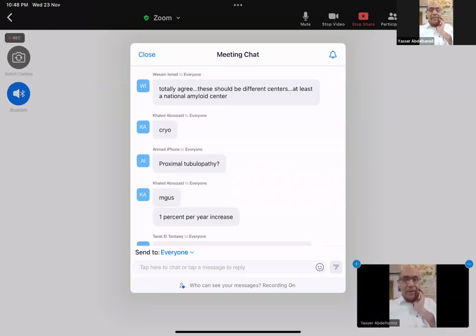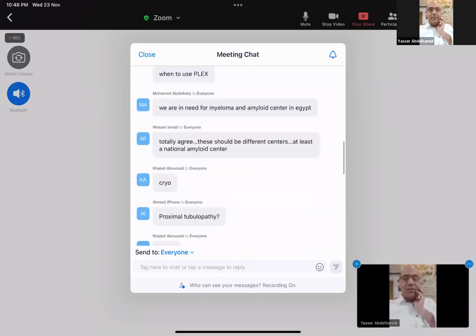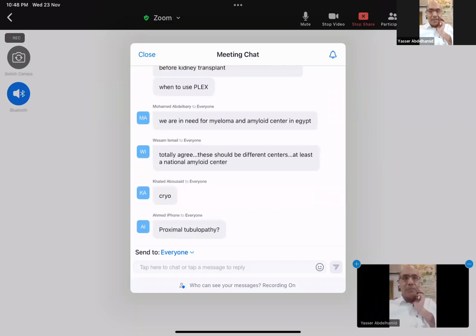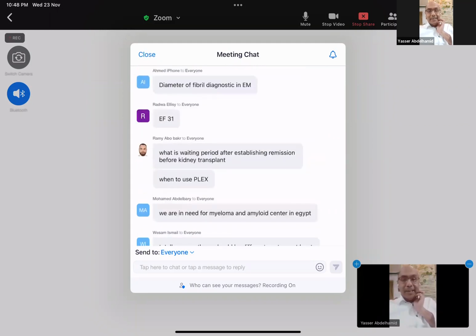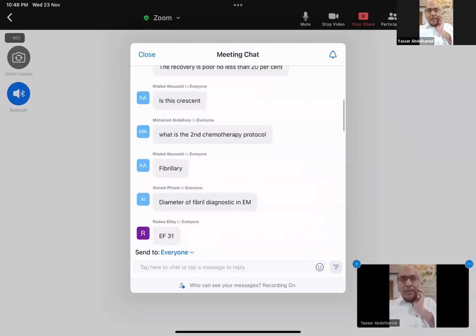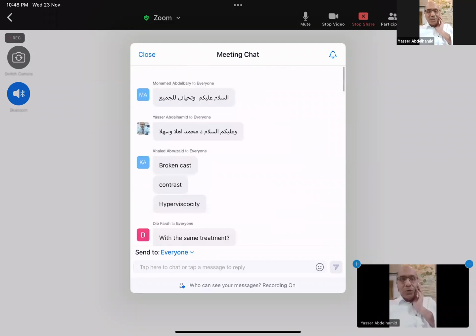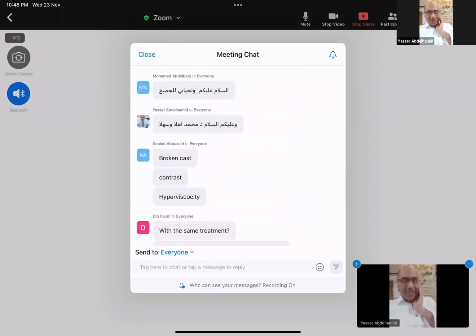Hope to do it in the next session, and if needed, we can specify a session for this hot topic. A lot of messages, and excuse us if we loaded you with this session, but we enjoyed it so much.